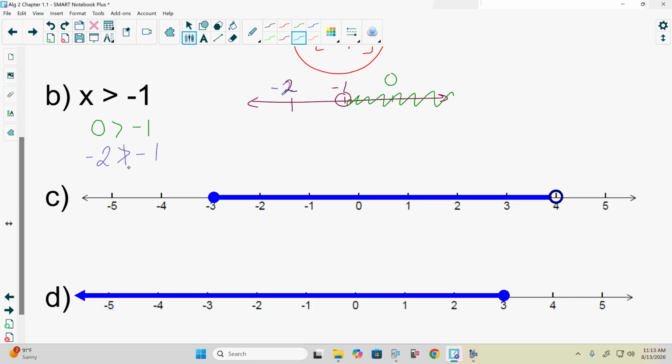Plug that into the calculator and see, do I get a true statement, like 0 is greater than -1? If I do, it's a solution. However, if the point is included in the graph of an answer choice and it gives me a false statement, like -2 is greater than -1, we know that's not a part of the solution. So that answer choice is thrown out, because that point can't be there, yet that answer choice says it is.